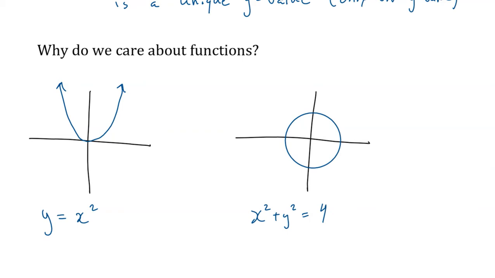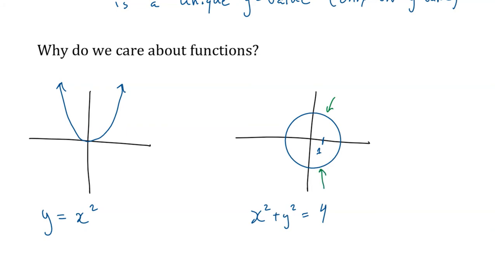That's not true of the circle. Pick an x value less than 2. How about 1? Okay, so this is 1. If you say, I want to know the y value for 1, the equation can't give you that answer because it might be up here or it might be down there.